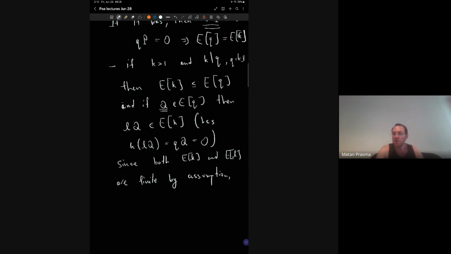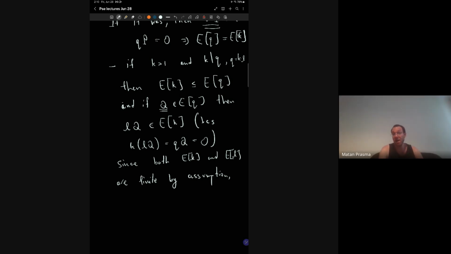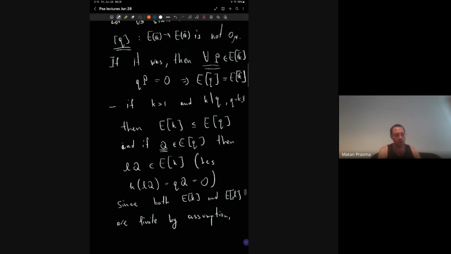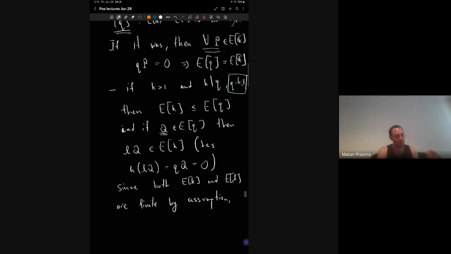Yeah, me again. Here you're saying Q is part of E[Q], and if we multiply Q by L, then it's part of E[K]. But you're doing L times Q, not L times K. Yeah, but Q is equal to K times L. The elements of E[K] are the ones that if you multiply them by K, you get 0.